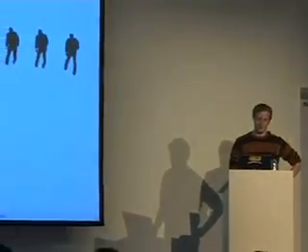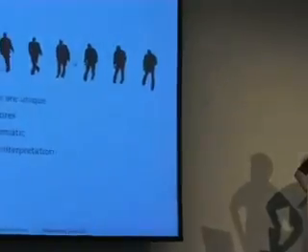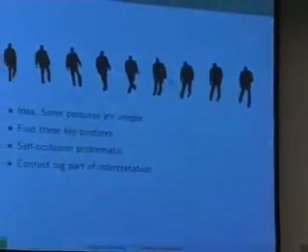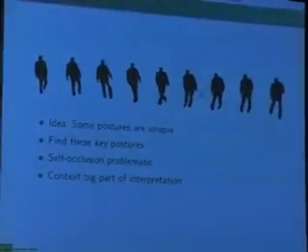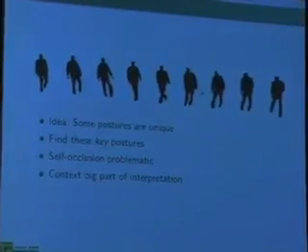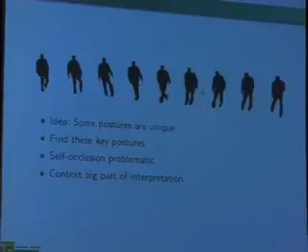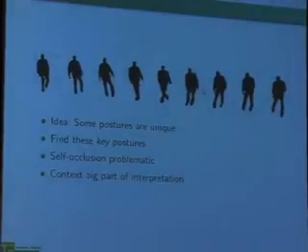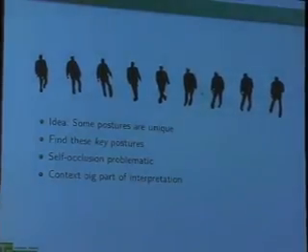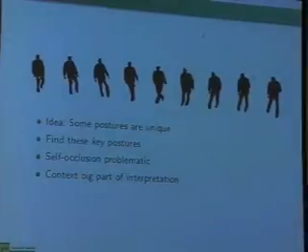The idea here is that some postures are unique and they allow us to infer what's going on. And well, I would ask you, what do you think this guy is doing? Yeah, that's very good. Football is also very good. All these are possible interpretations. Actually he is drunk, so his walk is staggering around.